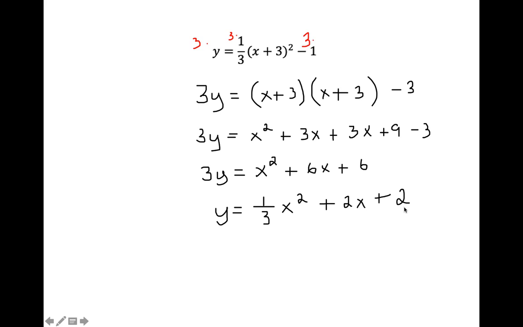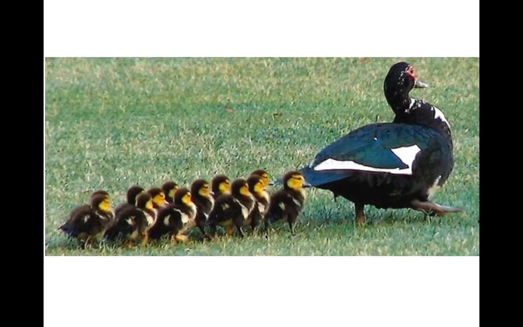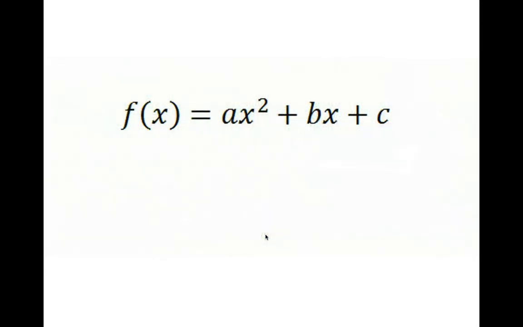What I have done here in expanding everything and then cleaning it up is what we call the standard form. Some people say that the standard form is where we take all of our ducks and we put them in a row. We want everything to be in descending order. So here is the general form of the standard form.